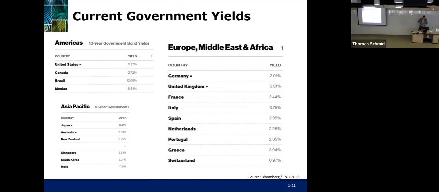Good. So this is just a bit of an overview. This is what you get now. This is pretty much up to date. If you invest in 10-year government bonds of different governments, so these are all 10-year bonds, and those are the yields of the 10-year bonds issued by these governments. What is the yield of a bond?